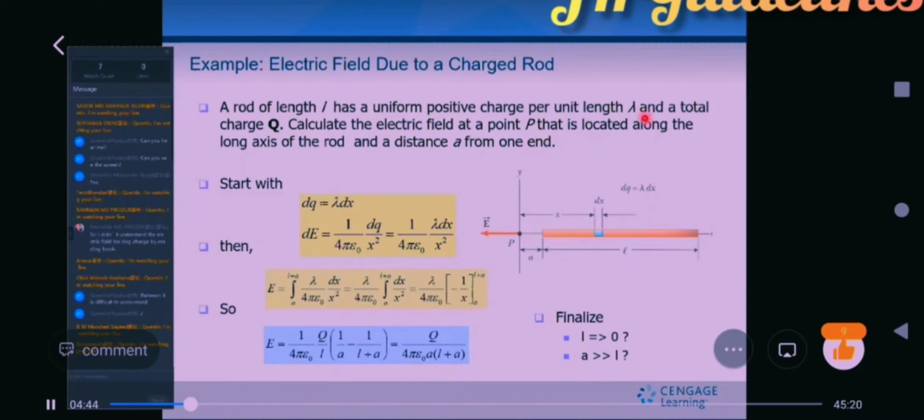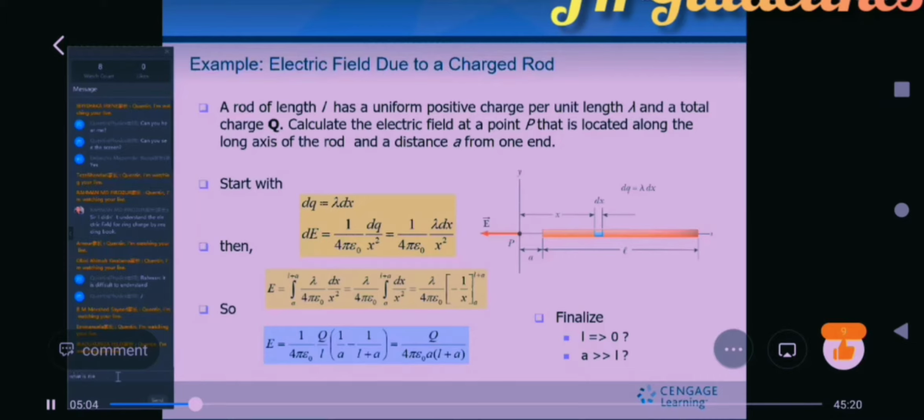Now, a uniform positive charge per unit length lambda, and a total charge of Q. Okay, the total charge of Q. So let me ask you a question. After we read the first sentence, I will ask you a question.